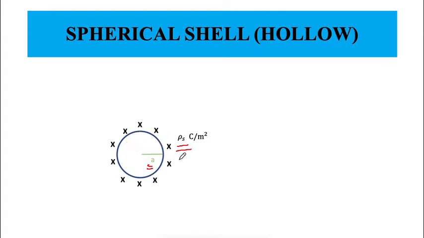The surface area of this sphere will be 4 pi a square. So if Q is the total amount of charge, the surface charge density is Q by 4 pi a square, and this total charge is spread uniformly over the cell.